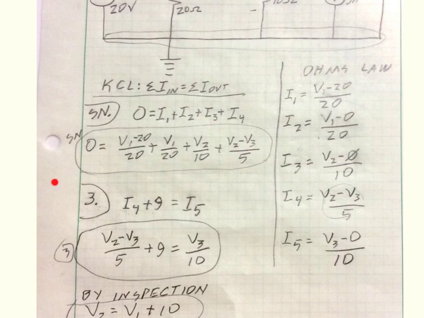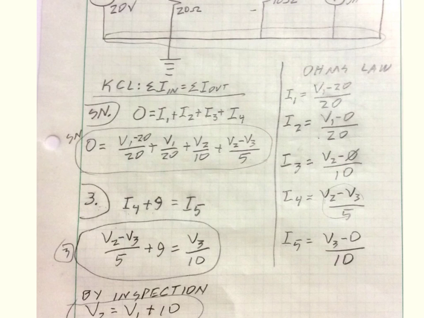All right, so I have 2 equations and 3 unknowns. That's no good. We can't solve that. But if I go look at my supernode, I notice there's a relationship between the voltage at 1 and the voltage at 2. Whatever the voltage is at 1, 10 volts gets added to it and we have V2.